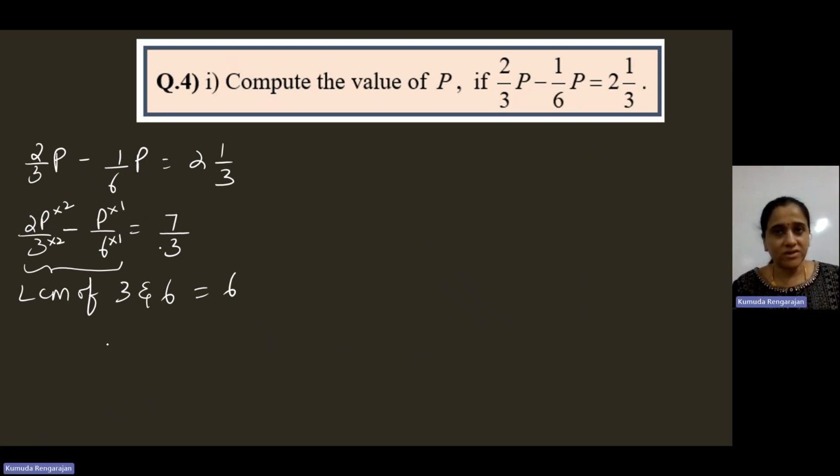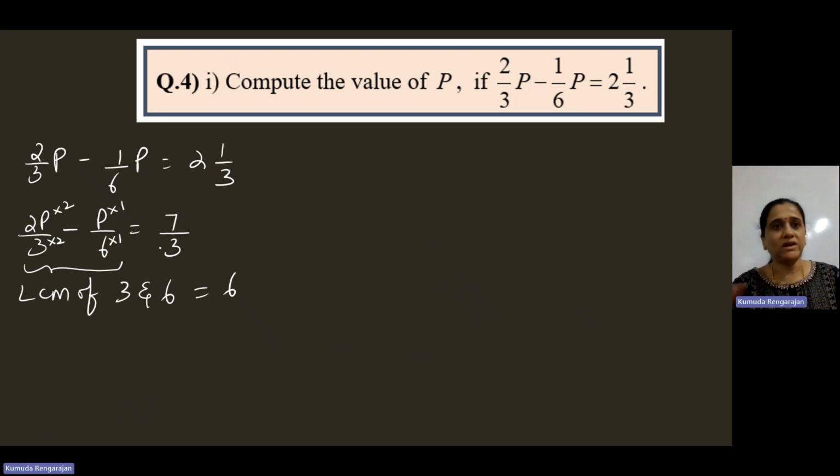On the right-hand side, we have 7 by 3, which cannot be simplified further. Leave that alone. Now look at the terms on the left-hand side. We have two terms connected by a minus sign, so that has to be simplified using the LCM. Two terms, denominators 3 and 6, LCM 6.